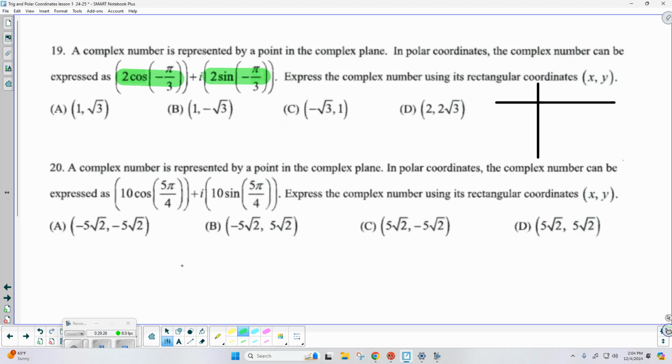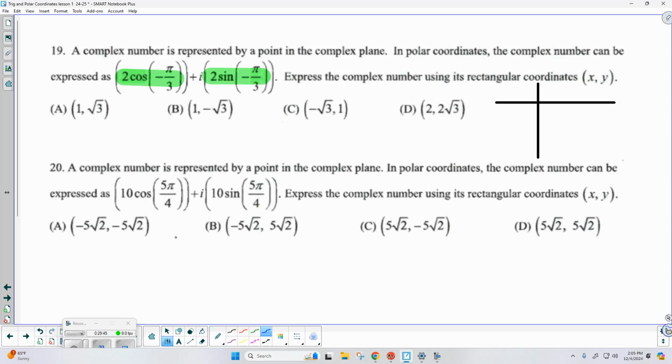Why did I highlight those? All we got to do is evaluate them. Once I simplify 2 cosine of negative pi over 3, that's x. Once I simplify 2 sine of negative pi over 3, that's your y.